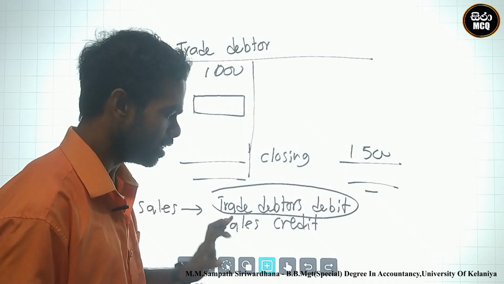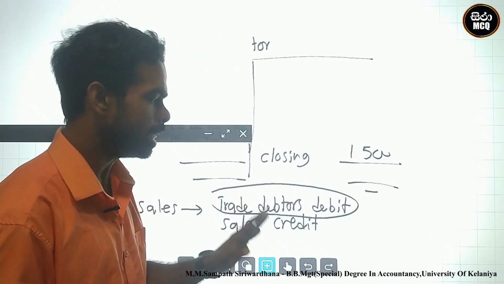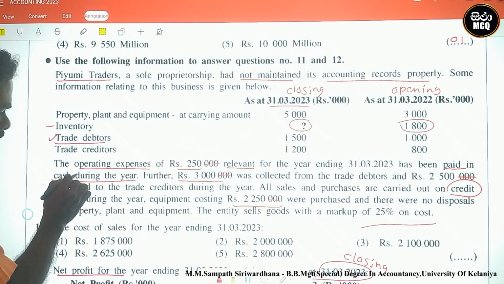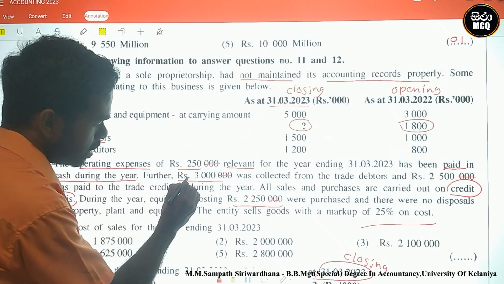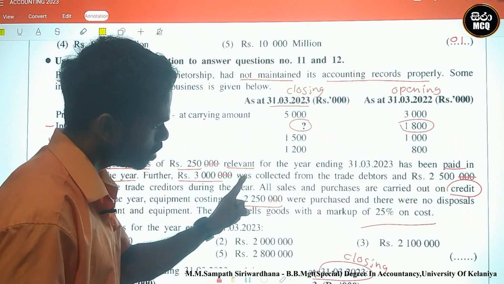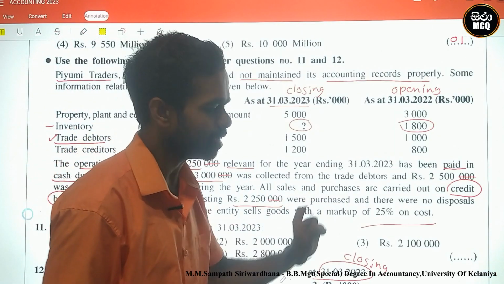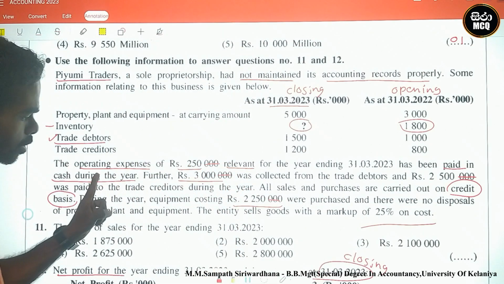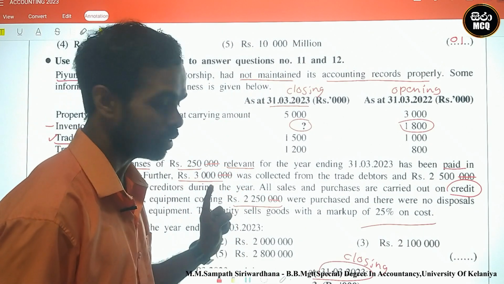Let's see another transaction related to the trade debtors. Look here, they said that a further 3000 was collected from the trade debtors and 2500 was paid to the trade creditors during the year.